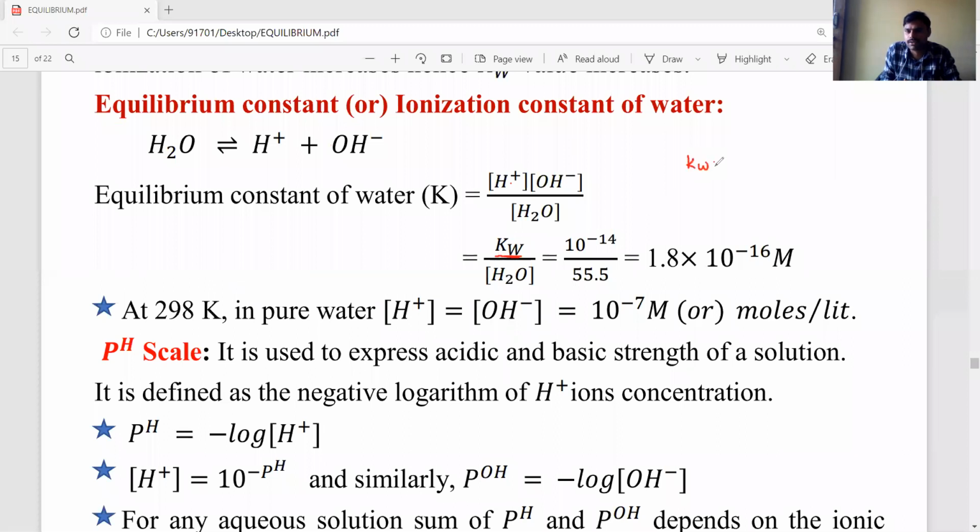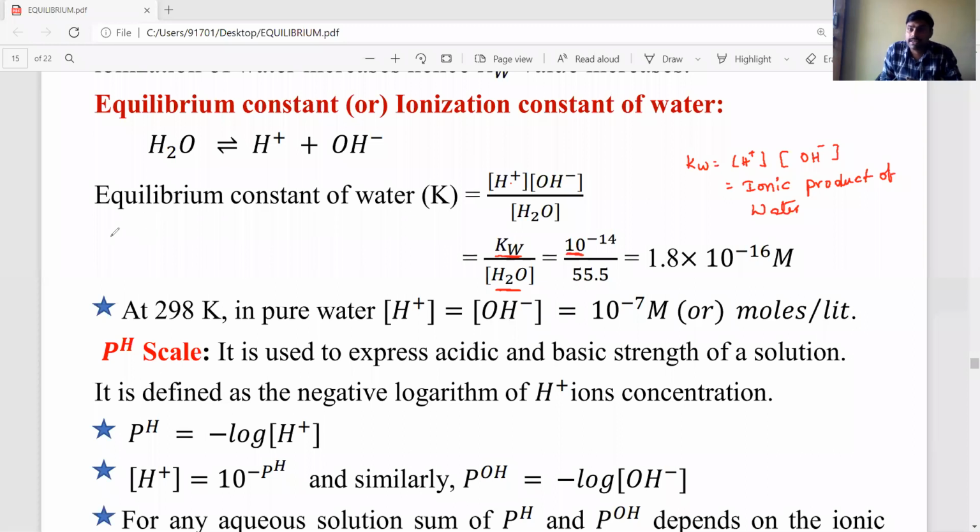Kw is nothing but the ionic product of water. So Kw, the concentration of H plus times the concentration of OH minus, is known as the ionic product of water. Its value at room temperature is 10 to the power of minus 14, and the denominator is the concentration of water.